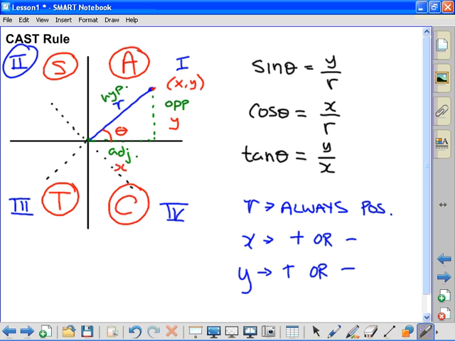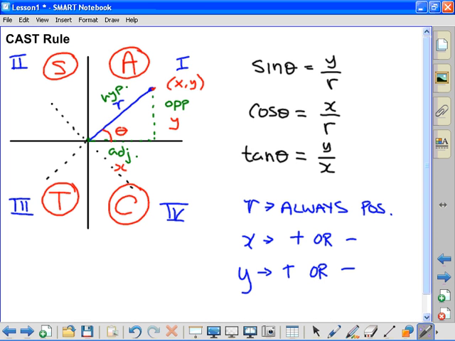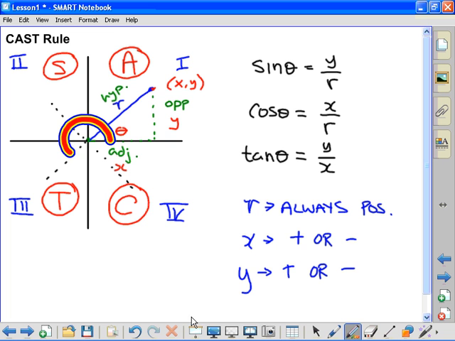Remember that the angle theta is always measured from the x-axis. So it's measured from the positive x-axis, and it rotates counterclockwise when we're talking about positive angles.